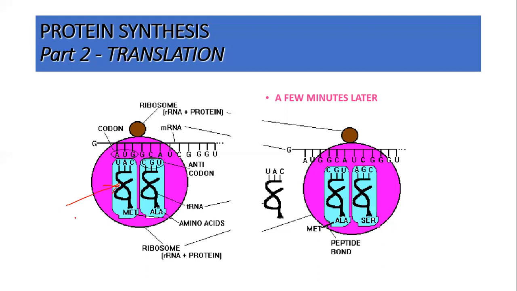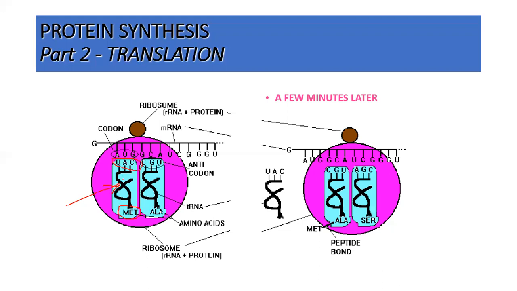It's called transfer RNA, or tRNA. Transfer RNA has what they call an anticodon on one end of it and a specific amino acid, only one kind of amino acid, on the other end. So any transfer RNA that has a UAC anticodon is always going to carry methionine on the other side.